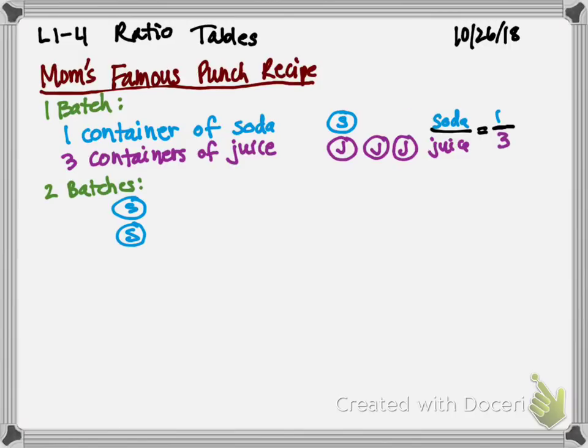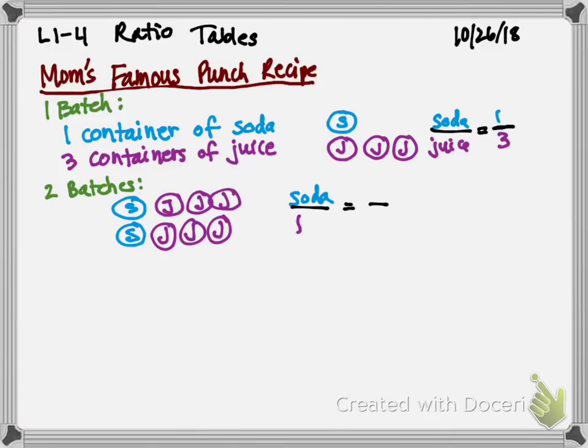And for each soda, we're going to have 3 juices. So there's 3 for that soda and 3 for that soda. So when I look at the ratio of soda to juice, I end up having 2 sodas and a total of 6 juices.